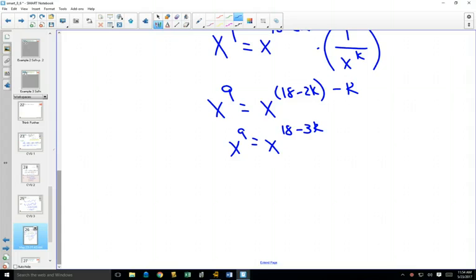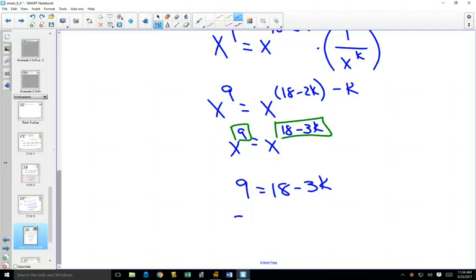And just like we did in our exponents and logarithms unit, if you're able to get two powers with the same base equal to each other, does it make sense that if they're equal, those exponents have to be equal? And so 9 has to equal 18 minus 3k.